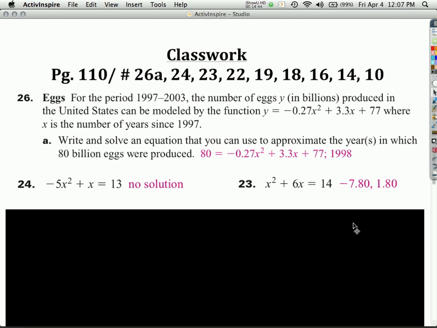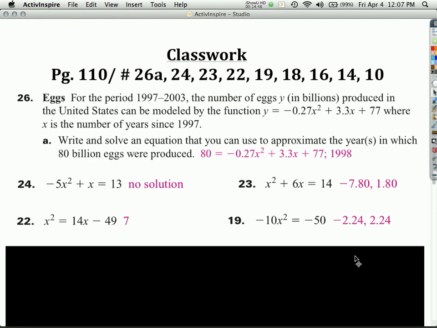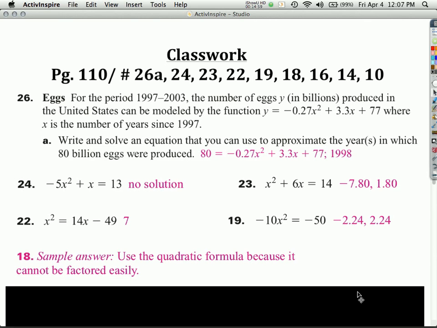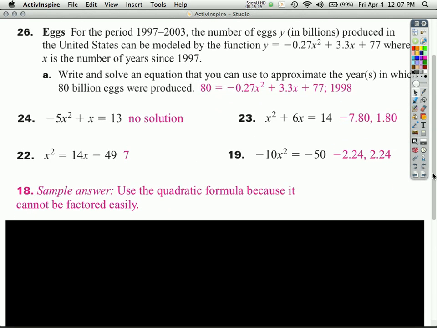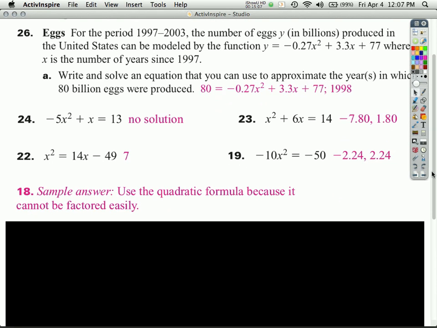Number 22, there's only one solution. It's 7. Number 19, there's two solutions, negative 2.24 and positive 2.24. Number 18, there's more than one possible answer, but you have to be able to argue your position. It is not easy to factor, so the quadratic formula would be a very good choice.